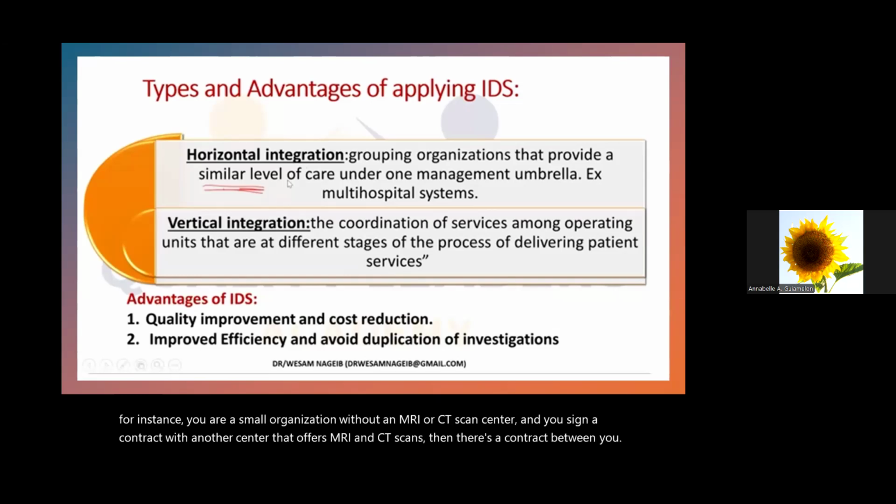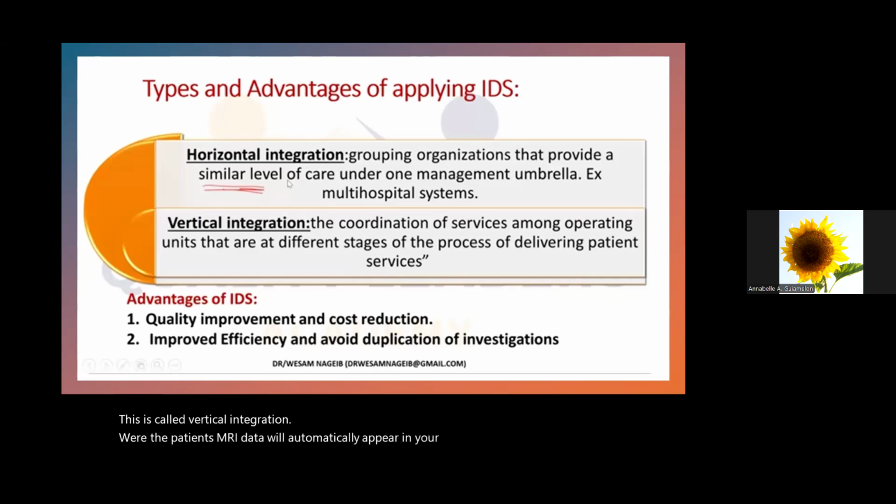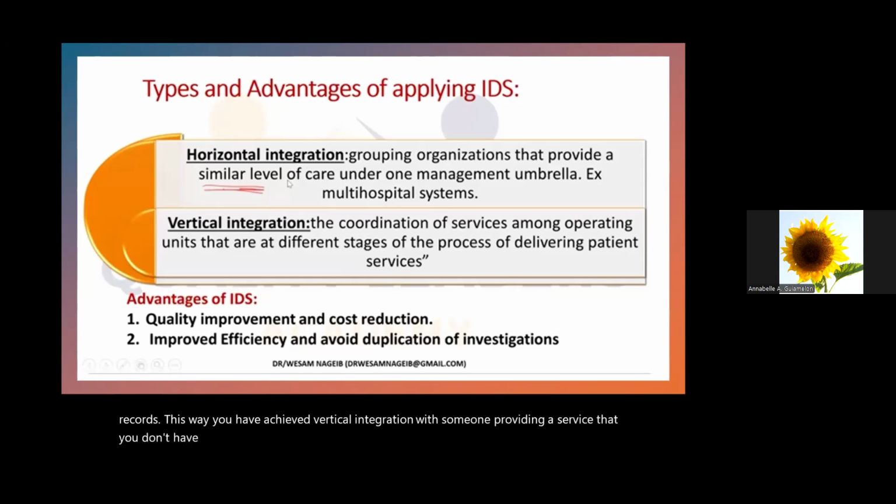This is called vertical integration, where the patient's MRI data will automatically appear in your system and be saved in your records. This way, you have achieved vertical integration with someone providing a service that you don't have. So this is called service integration, and it is a systematic way to enhance efficiency.